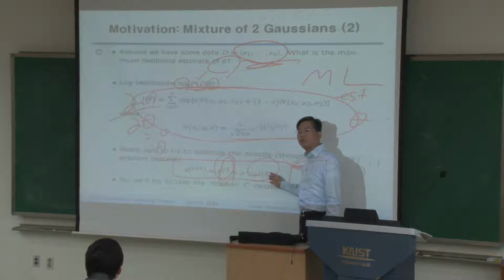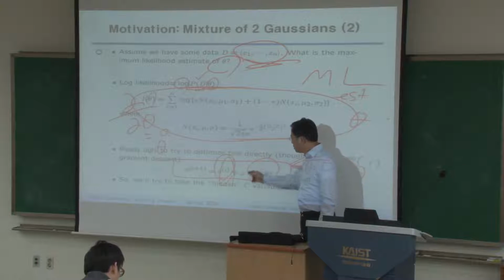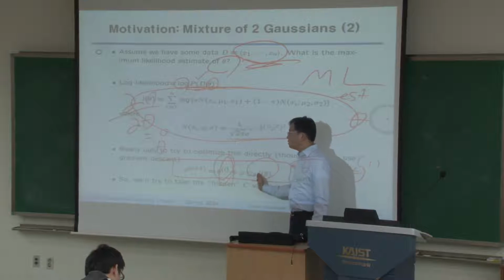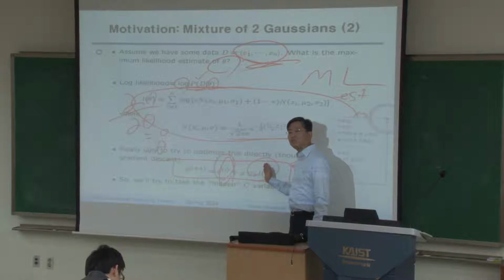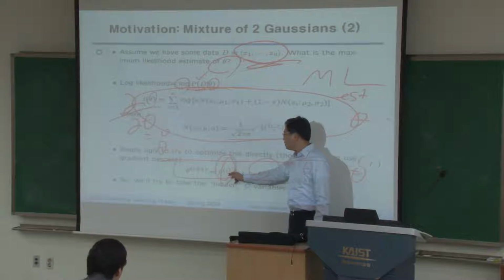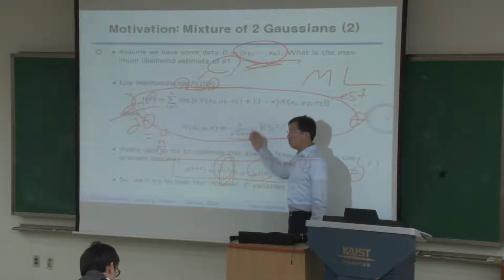It's pointing towards the direction where L theta is increasing. That's the direction that it's increasing. I'm here, and this is the direction that it's supposed to increase. So I'm going to move my point in the direction of increasing likelihood.